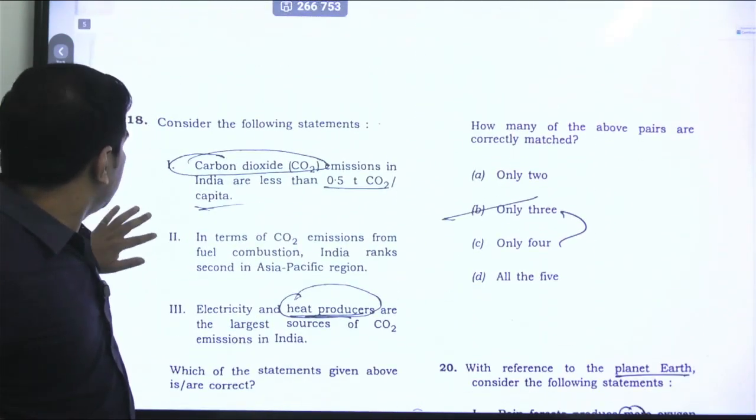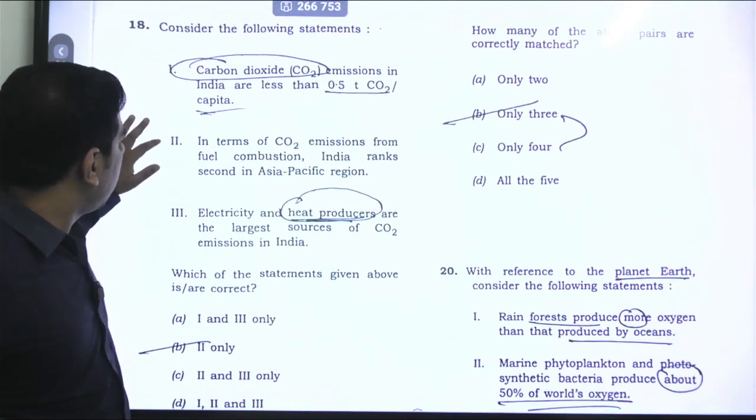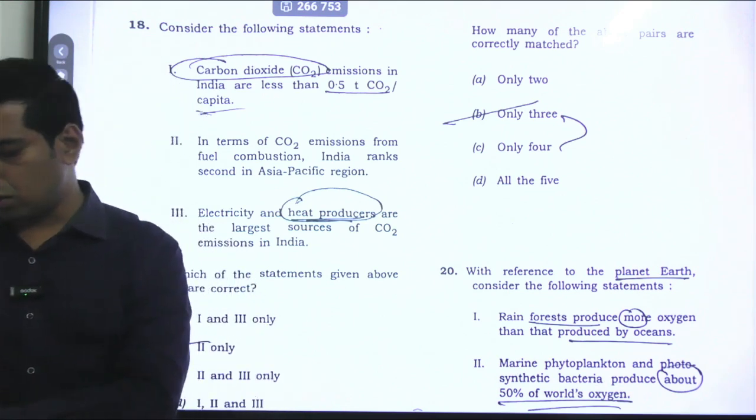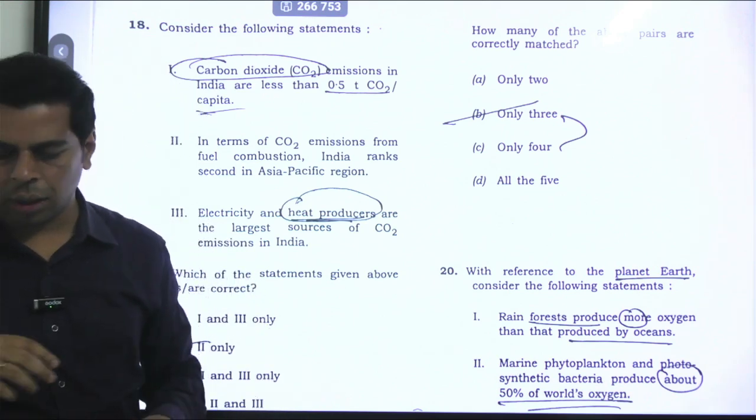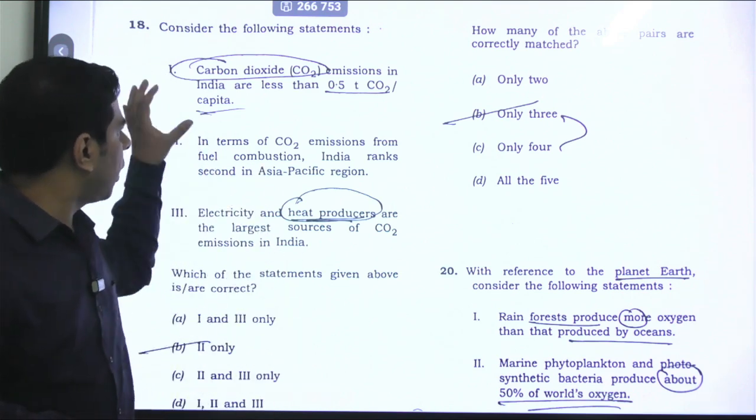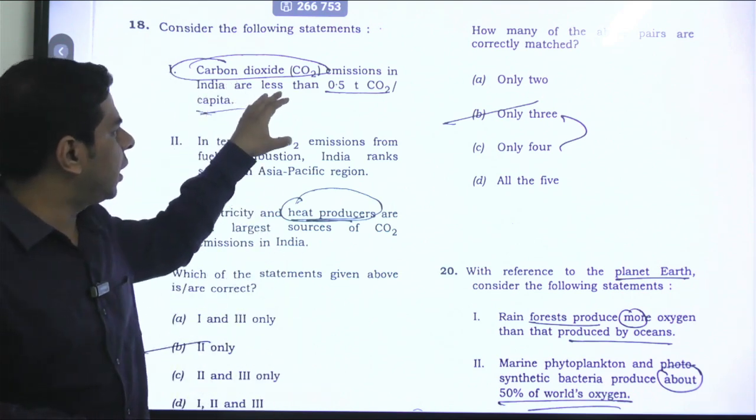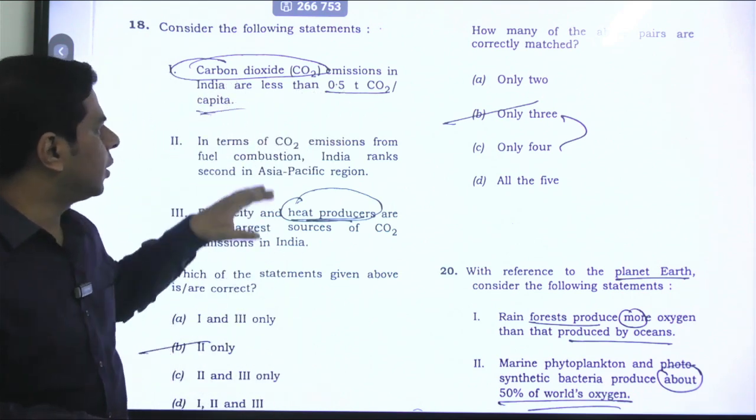Now coming to the next part, this is once again an important one. Once again, it's on the background of climate change talk and the reports and data which keep coming. They have asked whether carbon dioxide emission in India is less than 0.5 tons per capita.